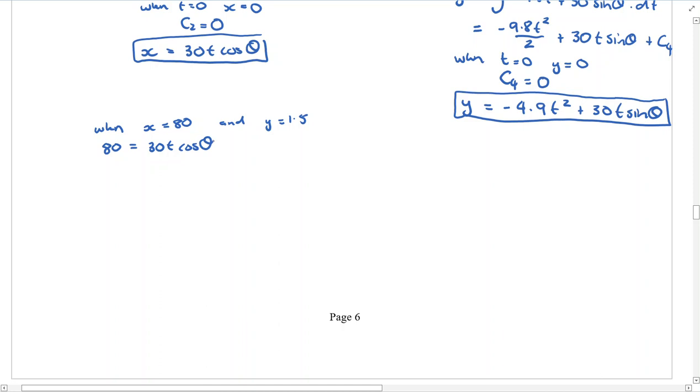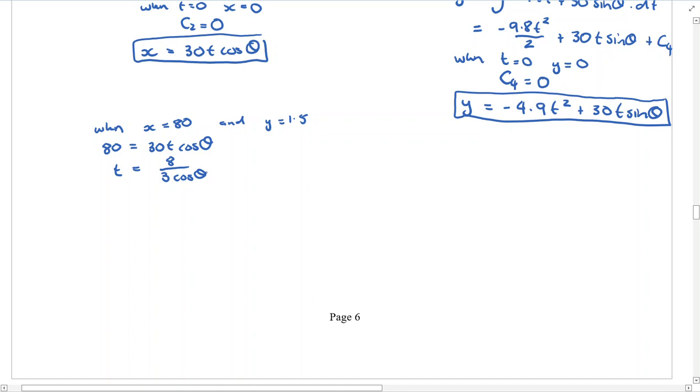This is the easier equation because it's only got the one term on the right. So I'm going to get t by itself: 80 divided by 30, I can just divide the 10, so t equals 8 over 3 cos theta. Okay, there's one equation.